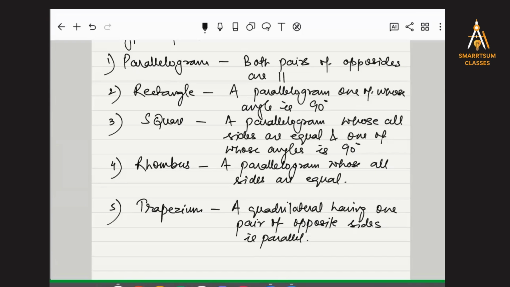If one angle is 90 degrees, it is a rectangle. If in the parallelogram one angle is 90 degrees and all sides are equal, it is a square. So these are all special cases. All these figures which you have seen earlier, parallelogram, rectangle, square, rhombus, all are trapezium. Everybody getting that?